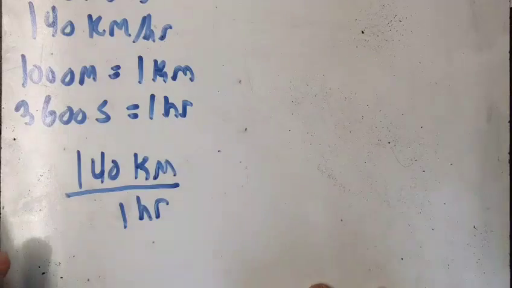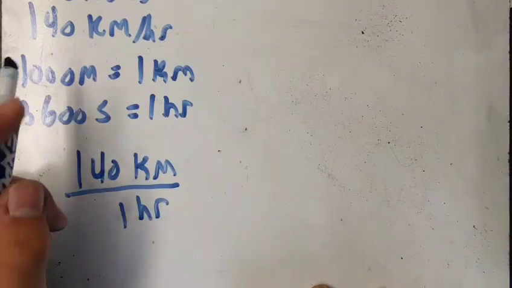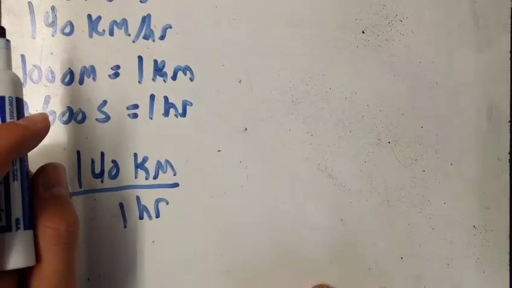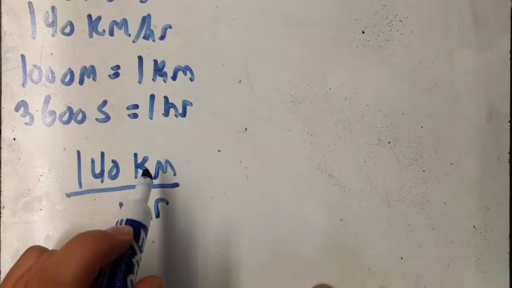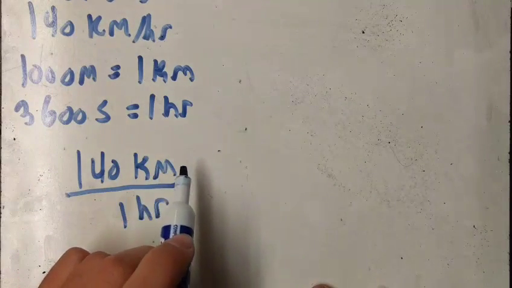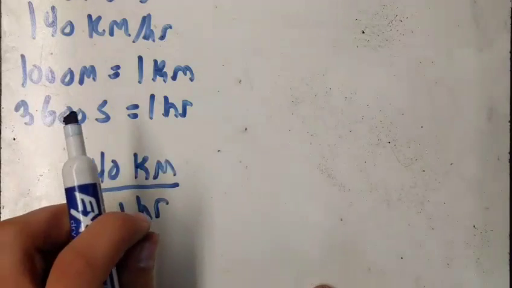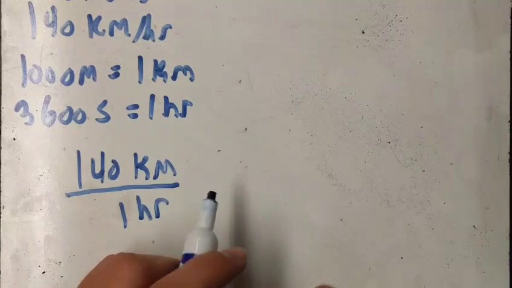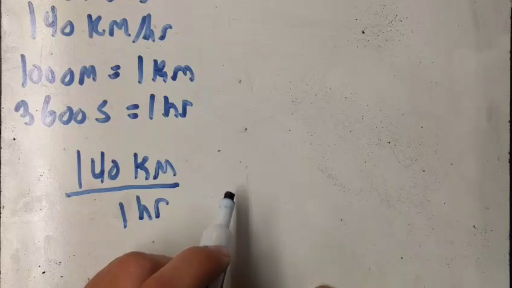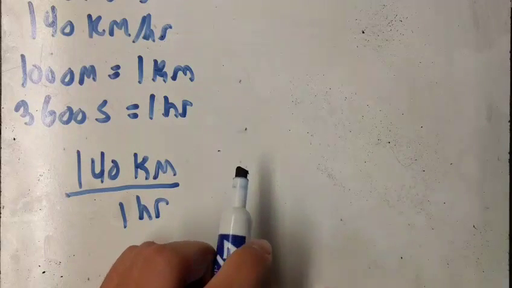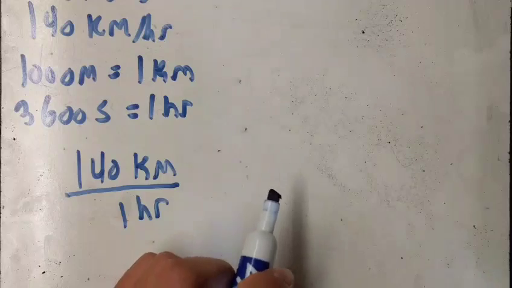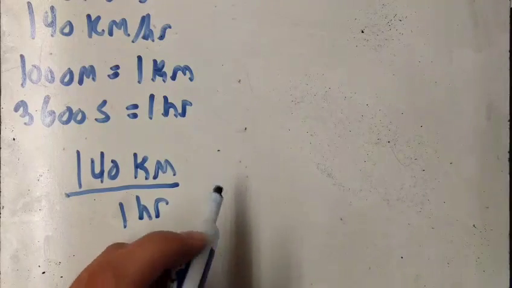So with that in mind, we're going to set up our first conversion rate of 1,000 meters per 1 kilometer. As we can see here, we have kilometers in the top of this fraction. So this means if we want kilometers to cancel out, we're going to want to put kilometers in the bottom when we set up our conversion rate of 1,000 meters per 1 kilometer.